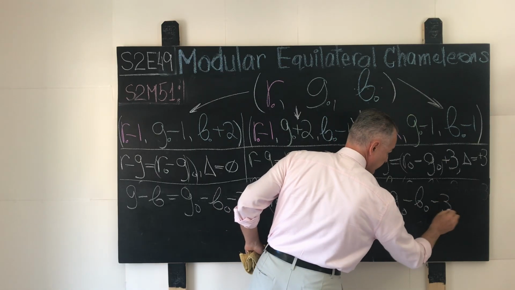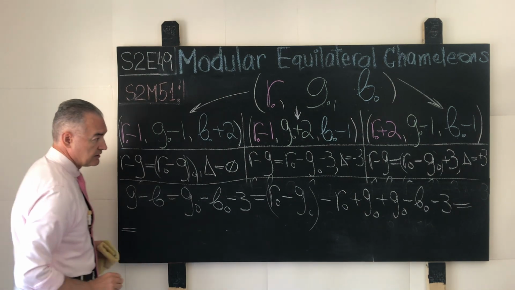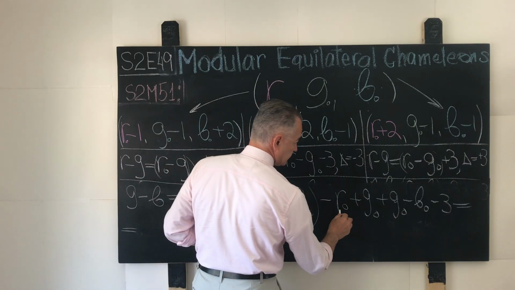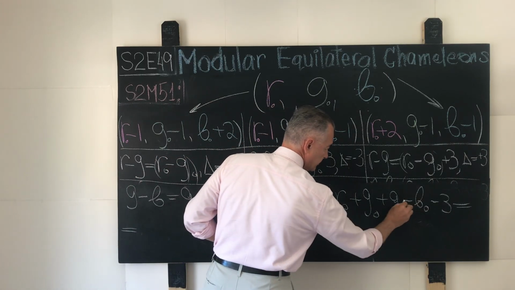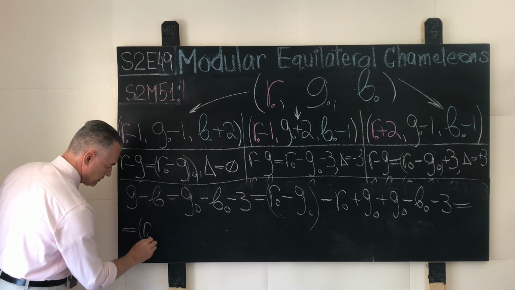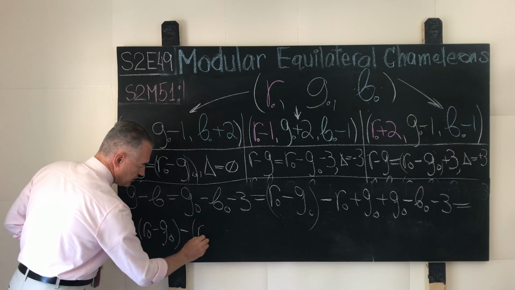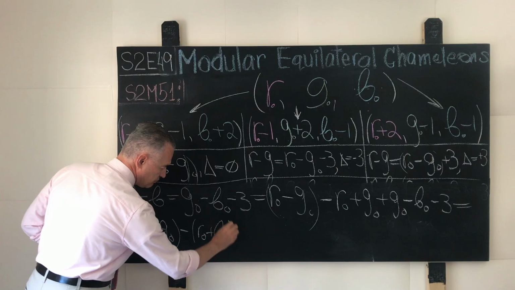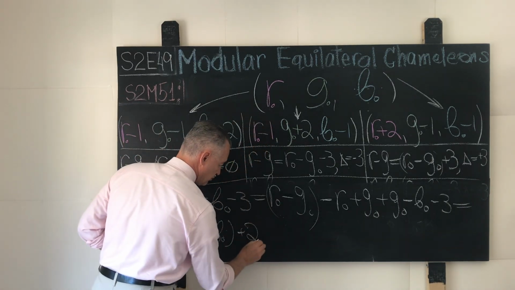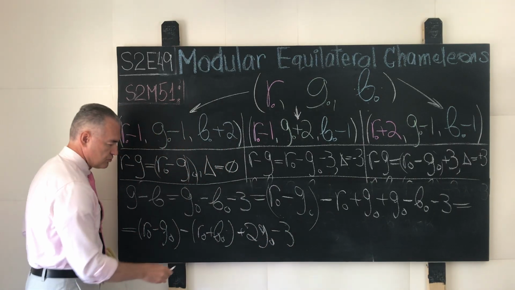We had -3. Now let us keep working with this material. So we have negative R0 and negative B0, how can it be manipulated? R0 minus G0 minus R0 plus B0. What else? Plus 2G0 minus 3.